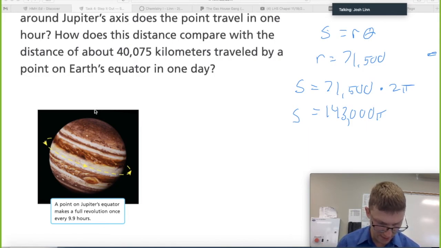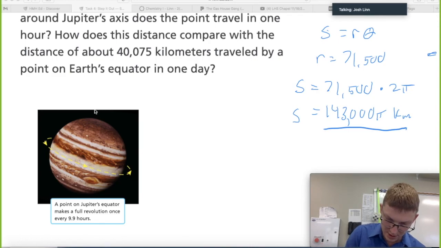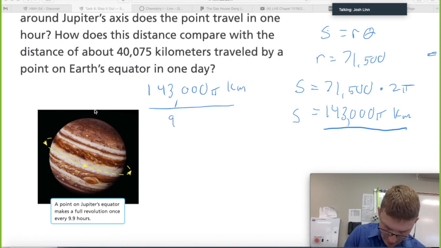So we know that the point travels, I should say kilometers, this many kilometers in 9.9 hours. So we're going to set up our ratio of 143,000 pi kilometers over 9.9 hours.